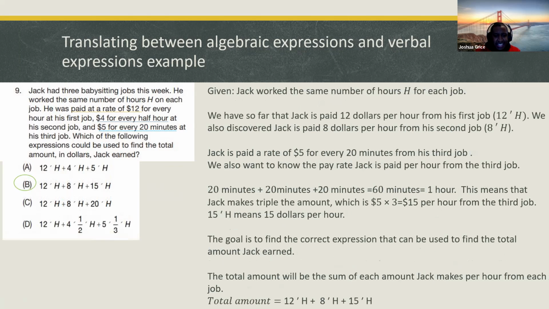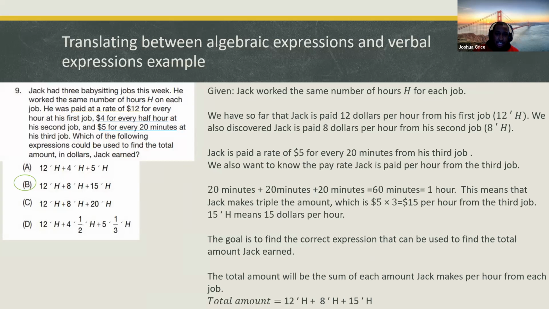And there's one last thing to check. His third job, he's making $5 every 20 minutes. So again, recall 60 minutes is equal to 1 hour. I want to keep adding this specific number until I get 60. So 20 plus 20 plus 20 will again give us 60 minutes, but in this case, this number appears 3 times.